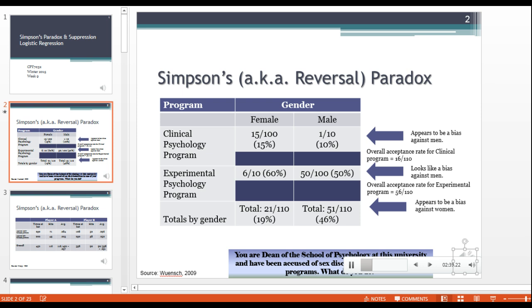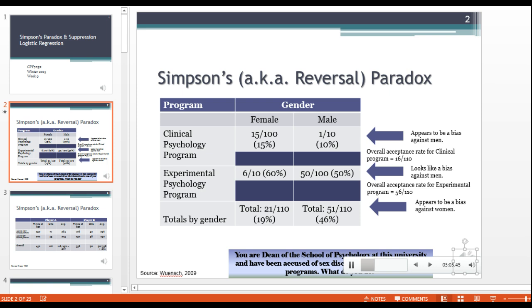For males, we have 51, that's 1 plus 50, who were accepted into either program, out of 110 who applied in total, and this is a percentage of 46. So we have a 19% selection rate for ladies, and we have 46% for the gentlemen. And so that looks like there's a discrimination against the females.